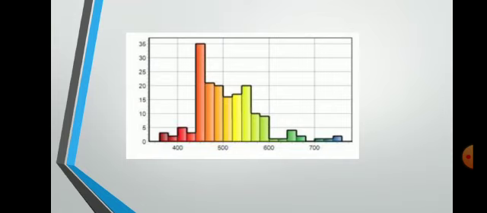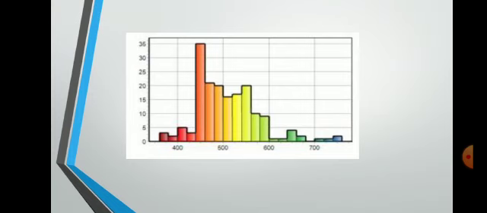Some applications of a histogram, why we are using it: the amount of an electric bill depends on the quantity of electricity used. The quantity of electricity is an independent variable and the amount of the electric bill is a dependent variable.